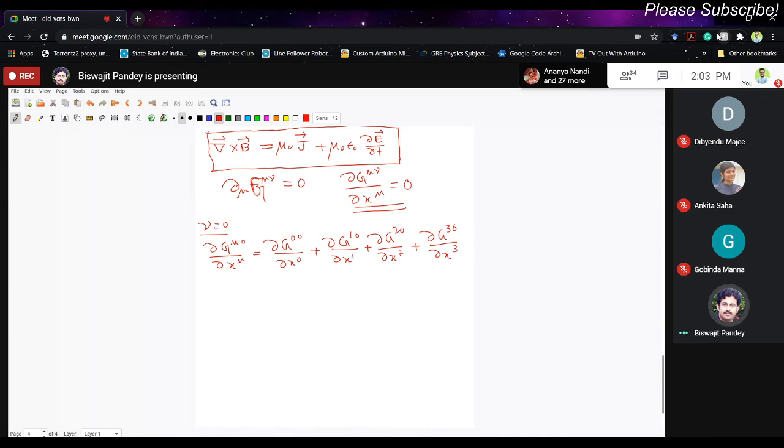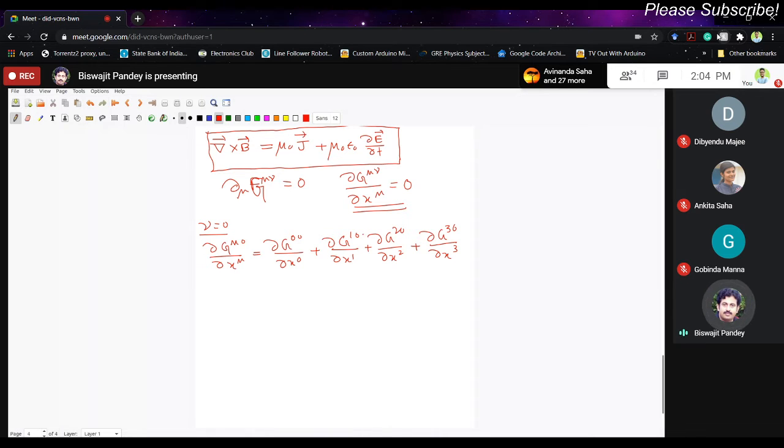Now you see, you don't need to separately write down G mu nu. If you know each element of F mu nu, you can just change them according to the convention. You replace all E by c with B and all B by minus E by c.